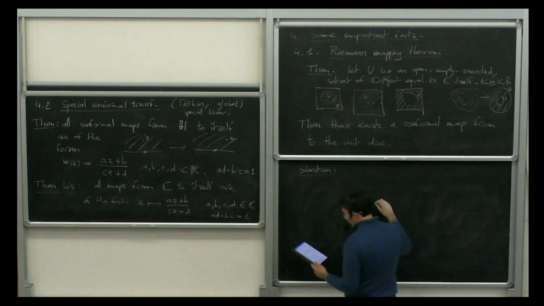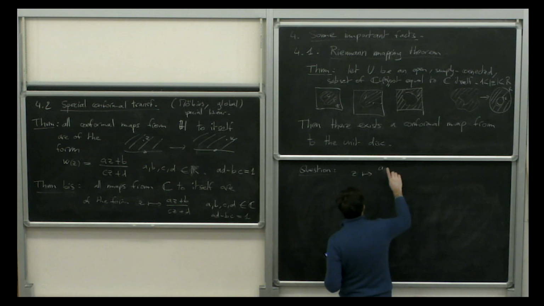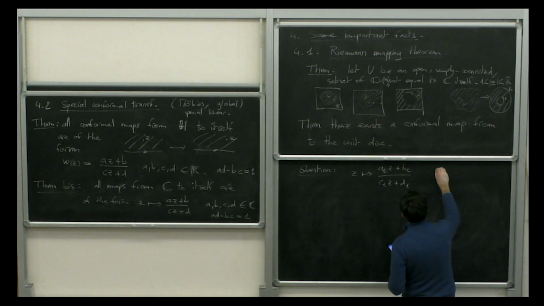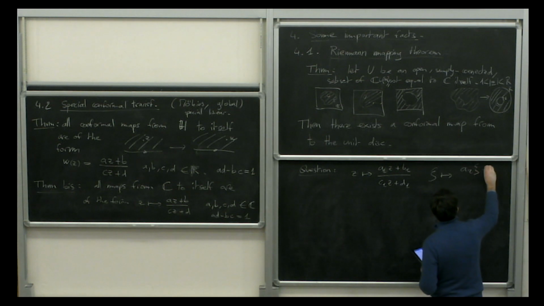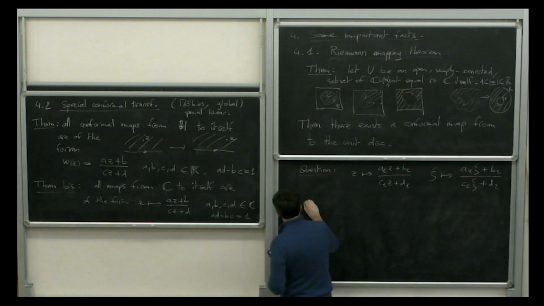So if I have a first map, Z goes to (A1 Z plus B1) over (C1 Z plus D1), and then I have a second map that maps zeta to (A2 zeta plus B2) over (C2 zeta plus D2). Then the question for you is, what is the composition of those 2 maps?